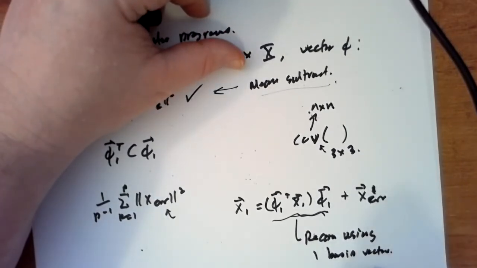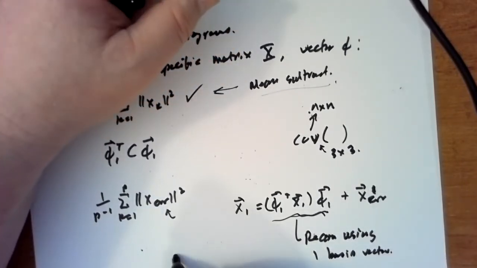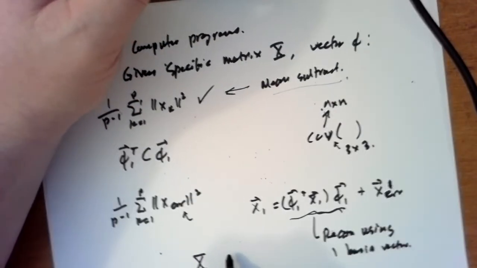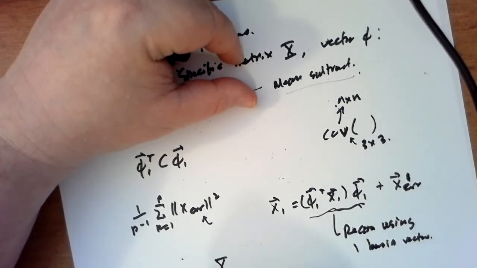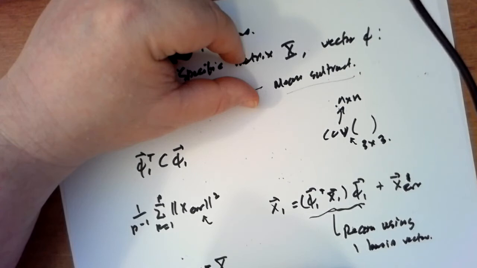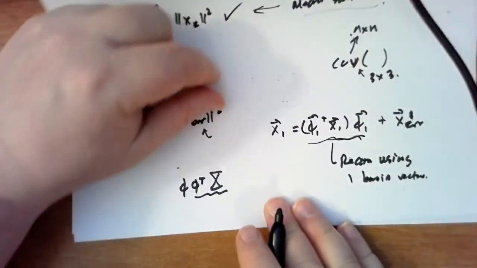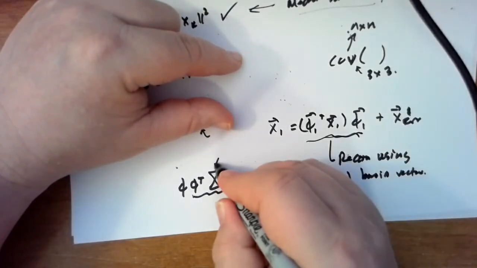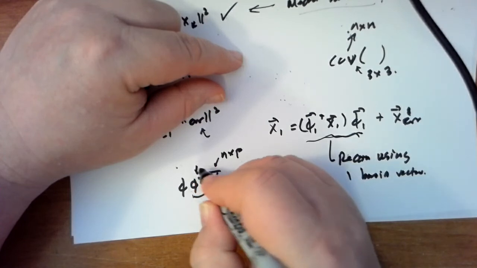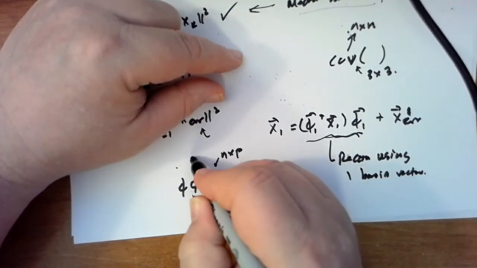And so you'll remember the projection we had. I need to make sure my sizes are right here. If I want to project x onto the columns spanned by phi, that would be phi transpose times x, right? Let's make sure our sizes are right. If x is n by p, then this would be 1 by n, and that's good.